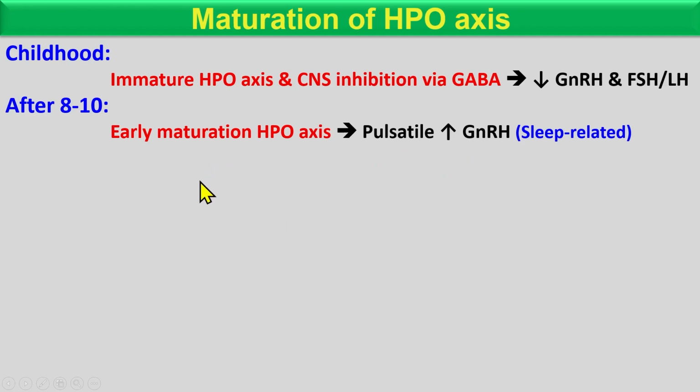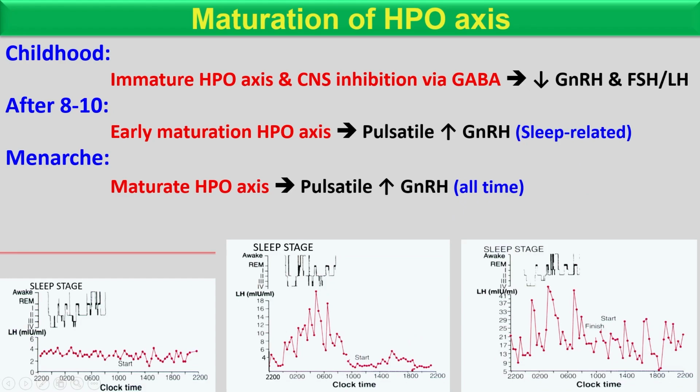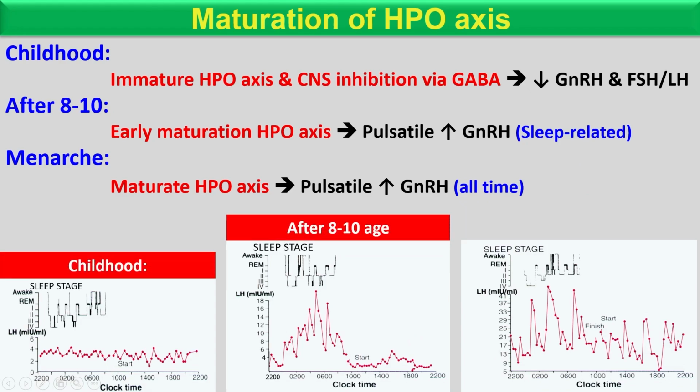It is early maturation. But at menarche, when maturation starts, the HPO axis becomes completely mature, and there is a release of GnRH all the time, not only limited to sleep. Here you can see childhood, after 8 years, and here is the menarche.